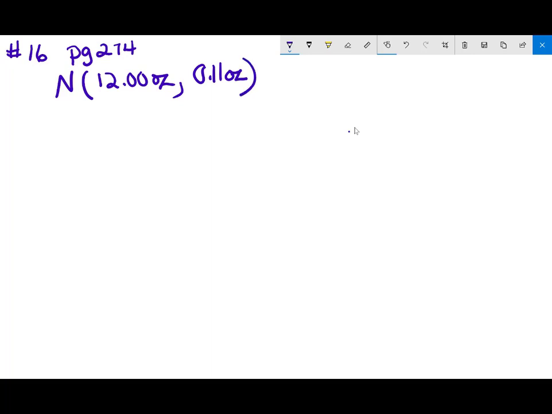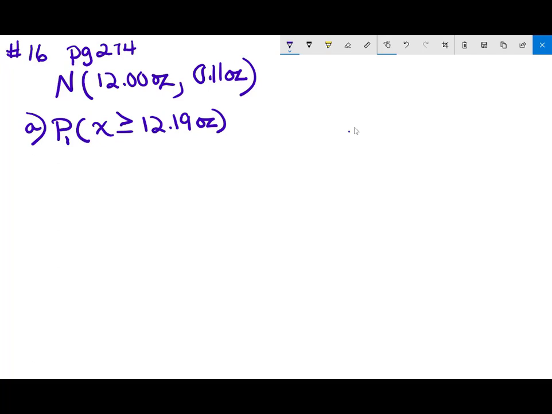Find the probability that one Coke can has at least, so that means it could be more than, 12.19 ounces. This is part A.